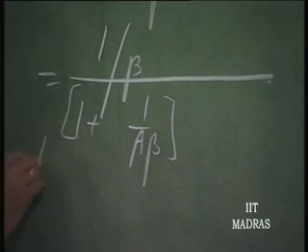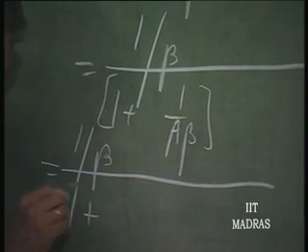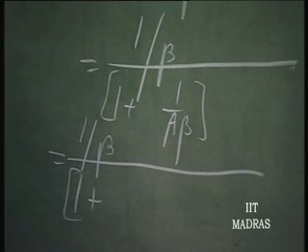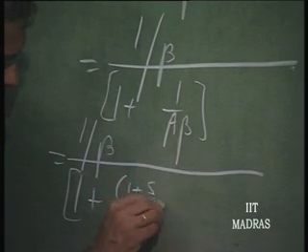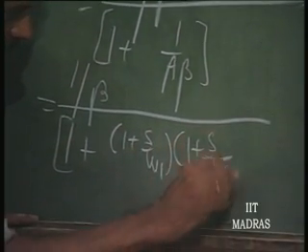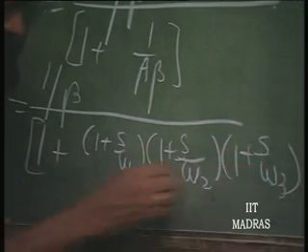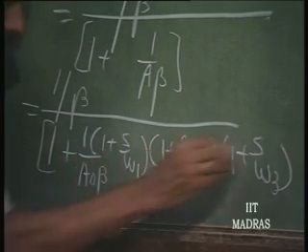So, this is 1 over beta divided by 1 plus 1 over A naught beta, that will be neglected, and then you have (1 plus S by omega 1)(1 plus S by omega 2)(1 plus S by omega 3) by A naught beta.